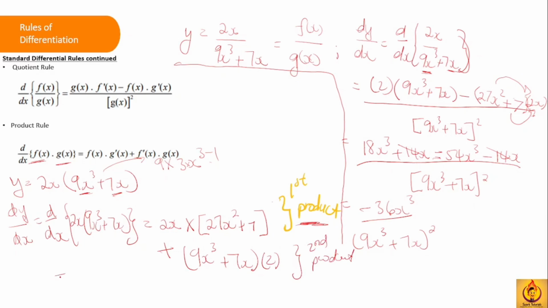And then all of this will be equal to, you're simplifying now. It'll be equal to 54x cubed plus 14x, right? Plus 18x cubed plus 14x, which will then give us 72x cubed plus 28x.